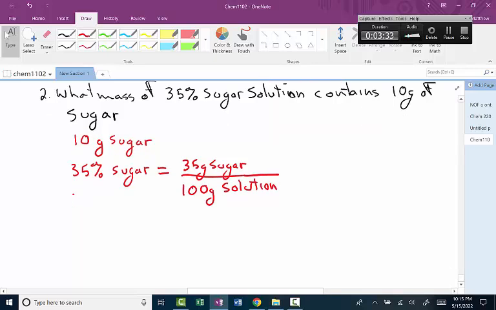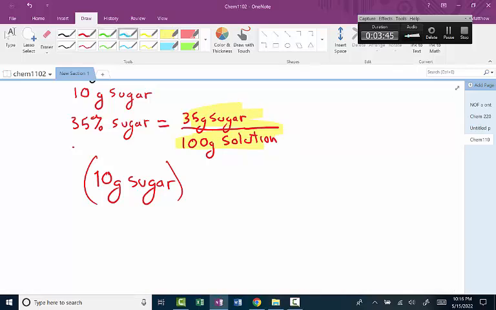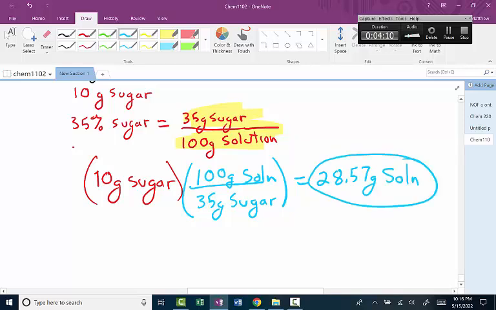And so all I got to do is take my 10 grams of sugar and multiply by this conversion factor right here, such that the units cancel. Here we go. I'll multiply by 35 grams of sugar per 100 grams of solution. And when I do that, I get 28.57 grams of solution.